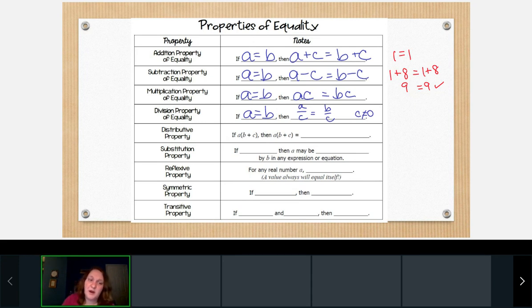The distributive property you learned in Algebra 1, it says that when you have a number outside these parentheses, you can multiply both parts of whatever's inside the parentheses by that outside number. So here I would take A and multiply it by B, and then take A and multiply it by C, and you keep that plus sign in between.